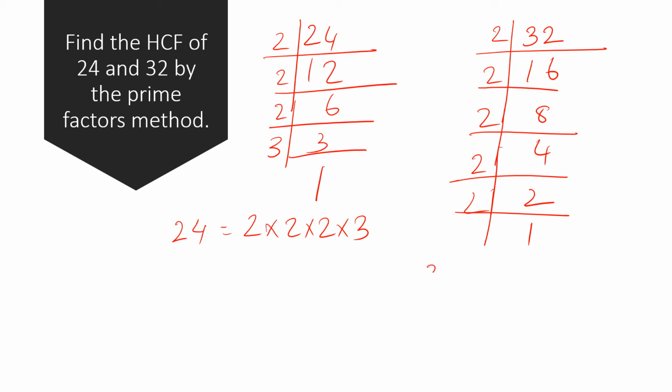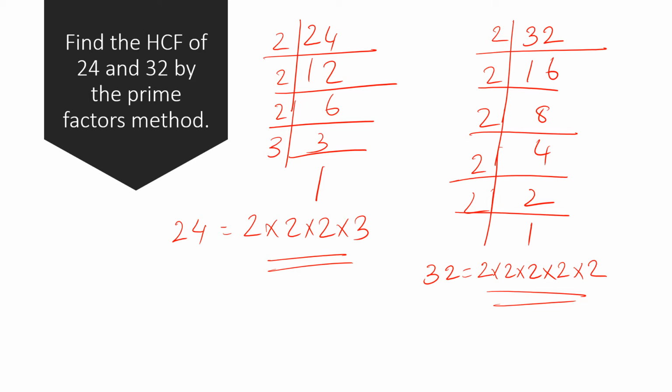That means 32 can be written as a product of prime factors: 2 into 2 into 2 into 2 into 2, five 2's, not six. One more 2. Okay, so we will write like this.